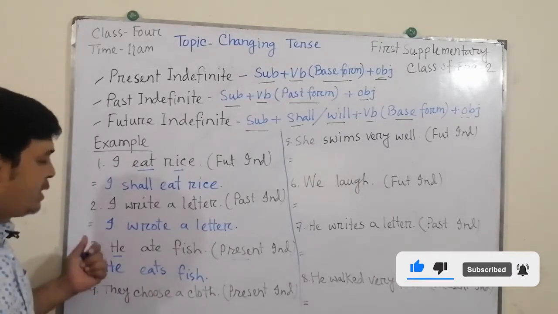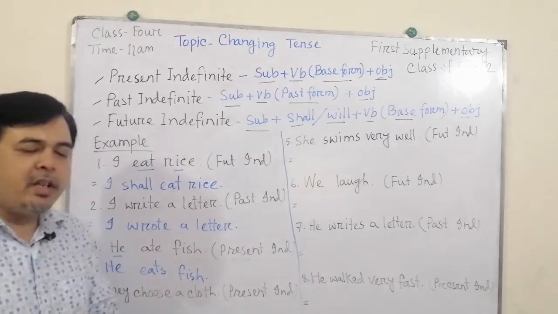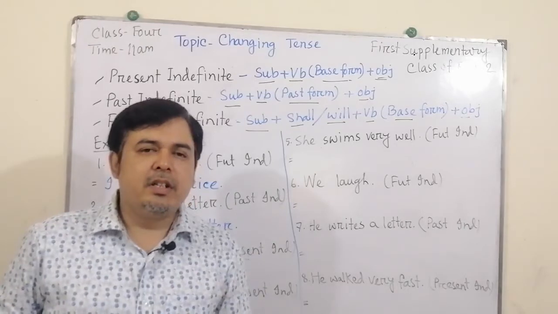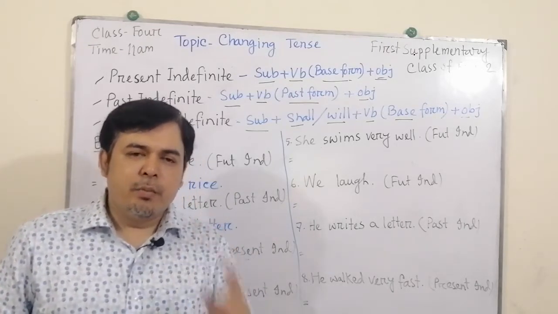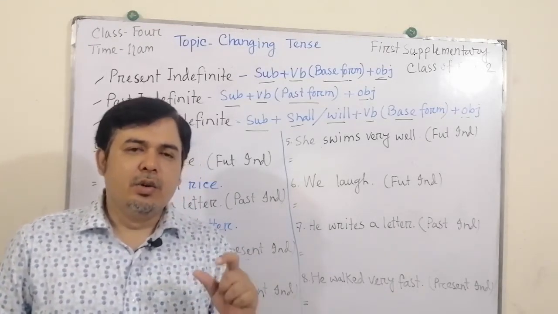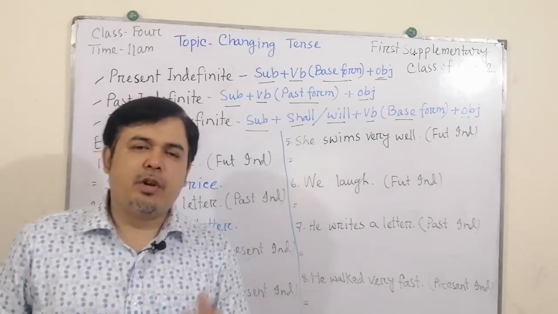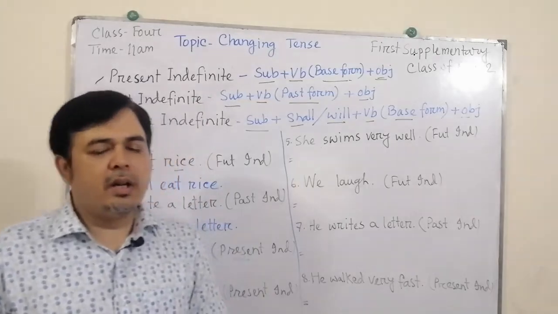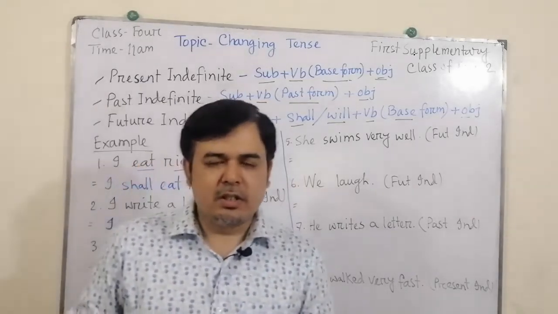My dear students, you must remember, as I said in my previous class, that in present indefinite tense you must add s with the base form of the verb, or the main verb, if the subject is third person singular number. What are these third person singular numbers?